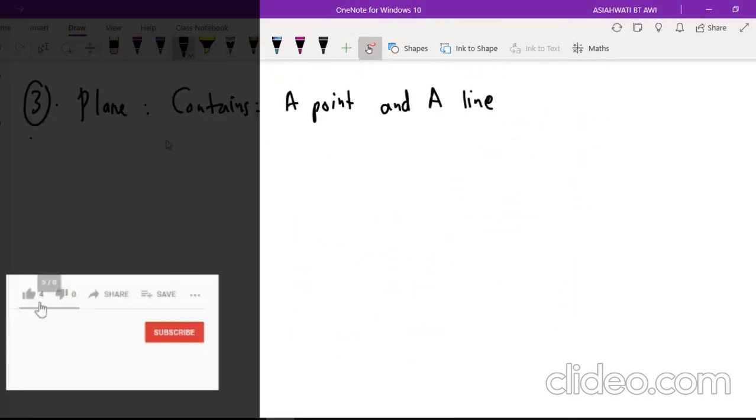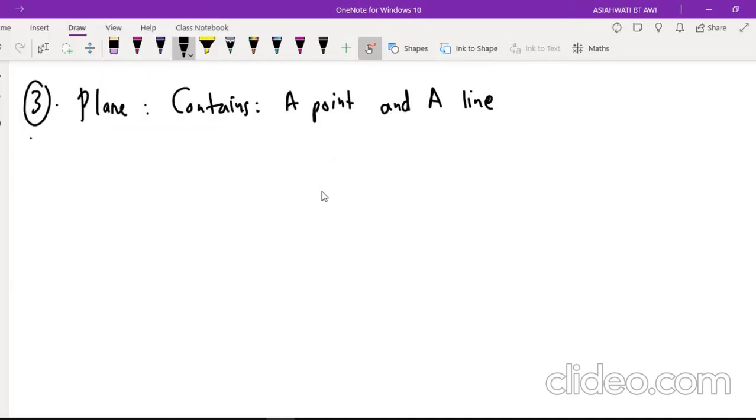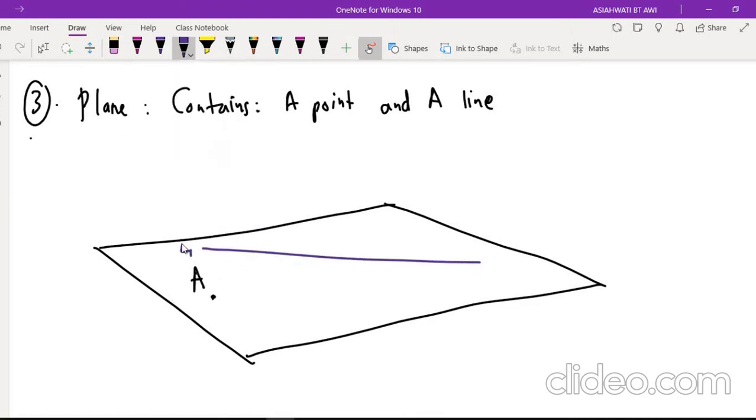The third case is finding a plane given a point and a line that lies on the plane. So given a point and a line L that lies on the plane, to find the equation of a plane which contains a point and a line, you still need to write down the formula of the plane.